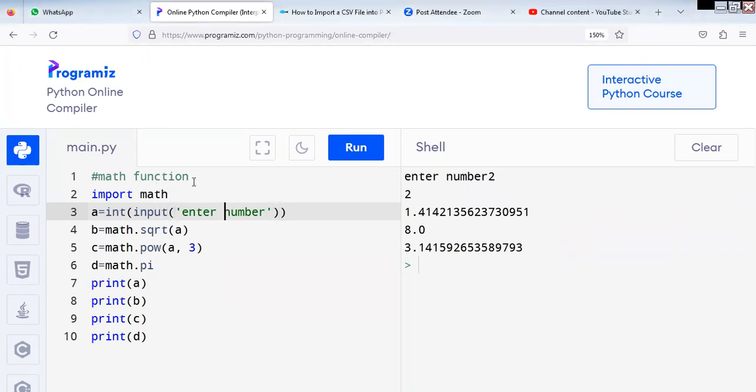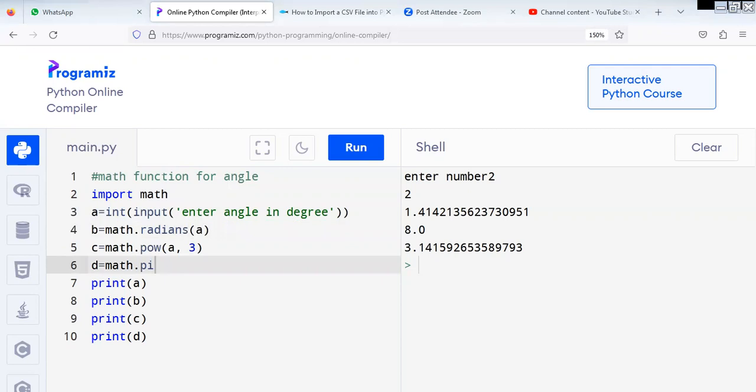So I'll just modify this math function for angle. Enter the angle in degrees. So convert that to radians.